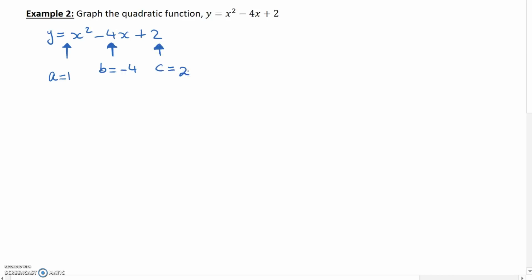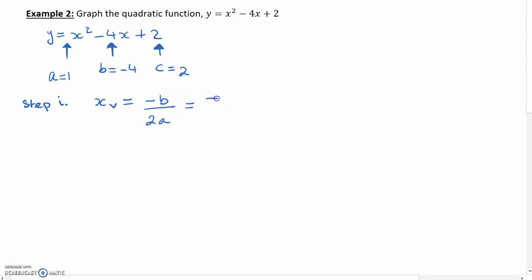Now, we said step 1 in graphing a quadratic function is, I think I called them, label the steps with numbers. First of all, find the x coordinate of the vertex, which is minus b over 2a. I apologize for the delay here.